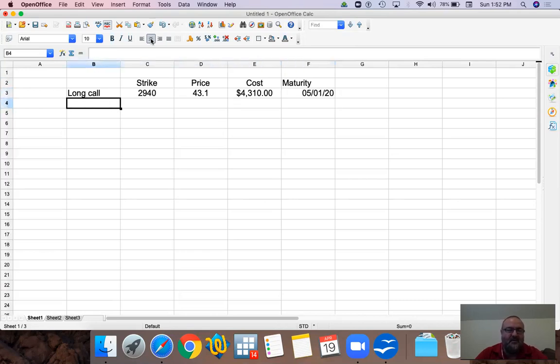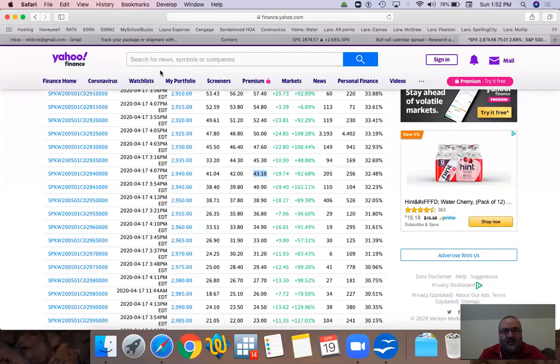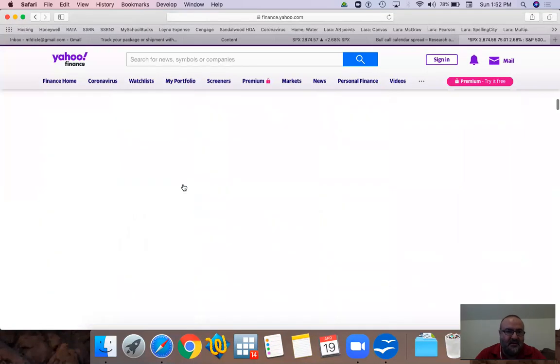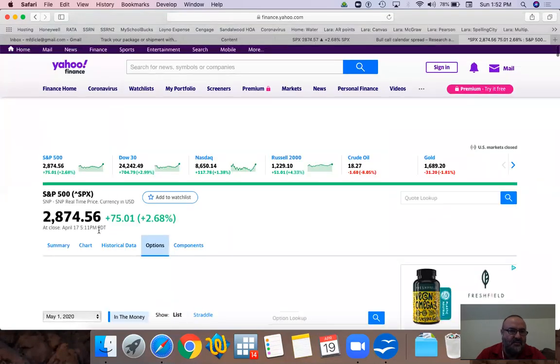Right. So now we're going to write another one. With our usual vertical spread, we would write a short call against this with a different strike and a different price, and obviously try to make this one cheaper. Because this is a horizontal spread, the difference will be in the maturity and the strike prices will be the same. So 29.40, and let's look at a price for a shorter maturity.